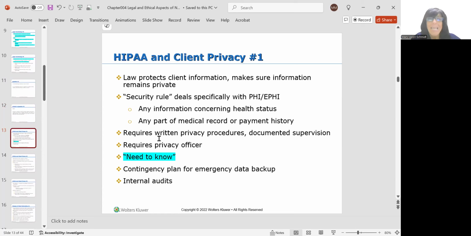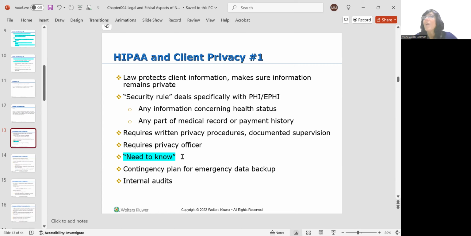Okay. HIPAA, and I know you hear that. It's the Health Insurance Portability and Accountability Act. And that's all about protecting the client's information. PHI, protected health information. Okay. So it's just making sure that their information stays private. Okay. The only time you should have access to anyone's medical records and personal information is on a need to know basis. See how I have that highlighted?